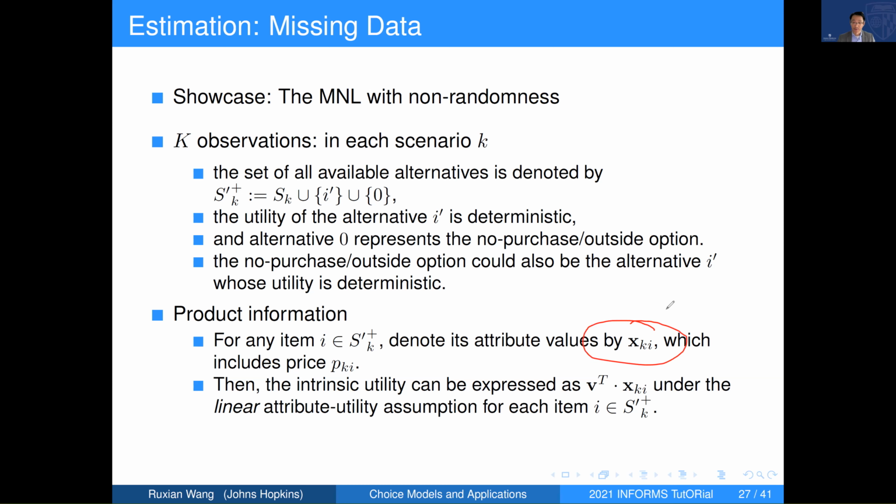This one is the attribute values. Price could be one of the product attributes. And under the linear attribute utility assumption, we can write the nominal or the intrinsic utility. The data is the typical sales data. It could be aggregate level or the individual level.